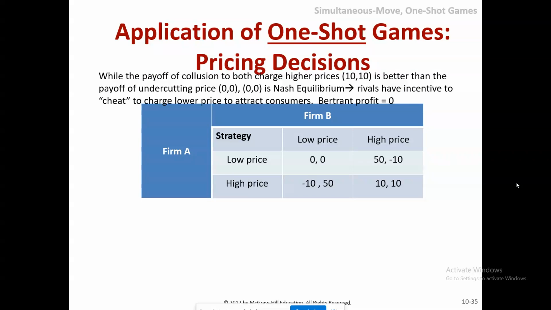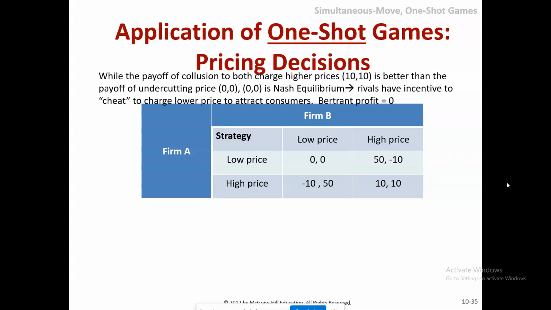For example, if United Airlines and American Airlines fly on a route that the two of them dominate, ideally, the two airlines collude and agree on both charging higher prices for the flight tickets on the route. Then each one will get a payoff of $10, but both have incentive to cheat to lower the price a little bit.